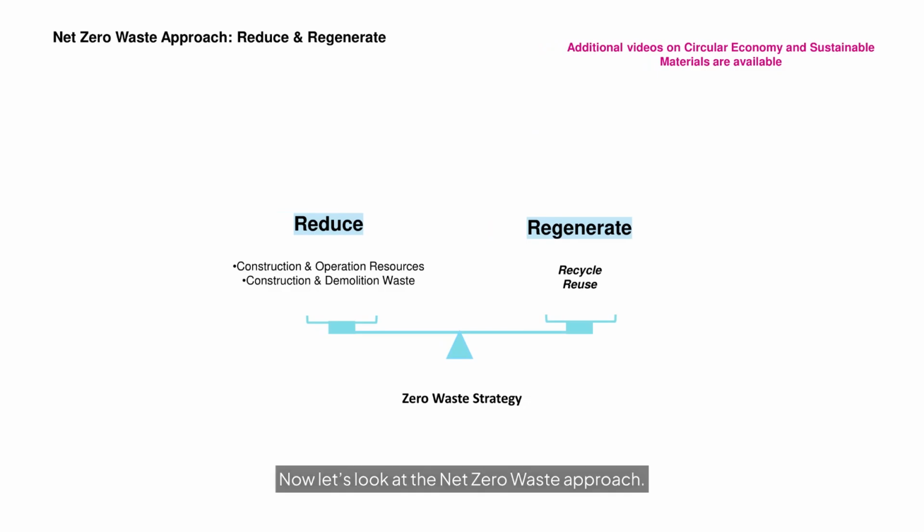Now let's look at the net zero waste approach. Circular economy prioritizes reducing waste during building construction, operation, and demolition phases, while regenerating building materials for sustainable future use. The reduce side aims to minimize waste generation during all phases of the building's life cycle. This involves strategies like efficient material use, modular construction, and avoiding oversizing.